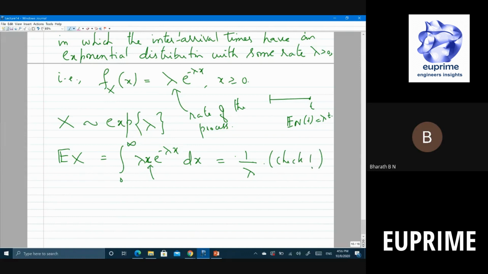Because you will have 1 by lambda squared times the integral of e power minus, so it will be 1 by lambda squared. True. You're right.